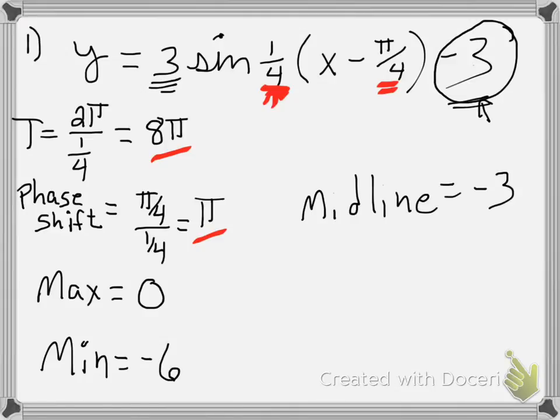Now, what we can do is take all that information and sketch a graph. So let's do that. We know that the period is 8 pi. We know that the phase shift is pi. We know that the midline equals negative 3.